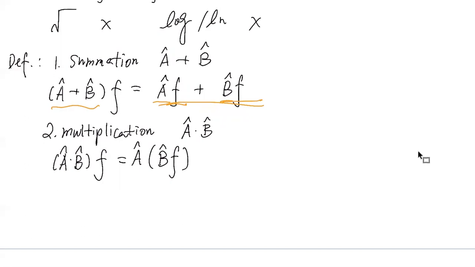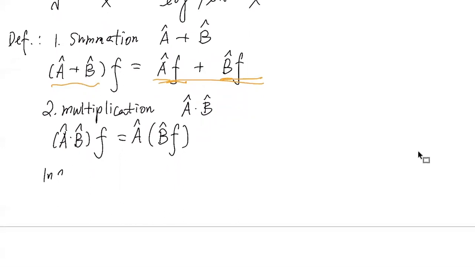Just a very quick note. In general, A times B is not equal to B times A. Unlike when we multiply two numbers, A and B, where of course AB is equal to BA, for operators, they do not commute.